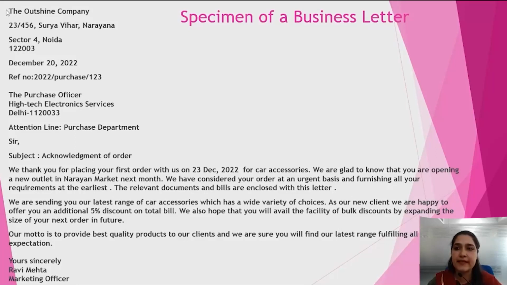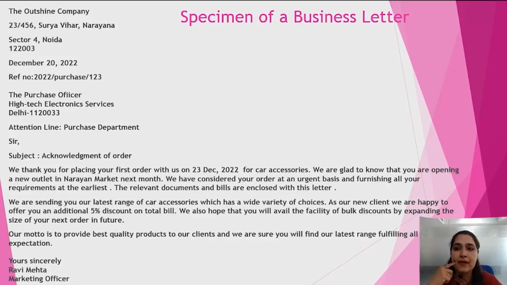Suppose the company has a letterhead, then this complete space will have a printed header which will have all the details of the company. It may have the logo, then the name of the company, its address, its phone numbers, its sister concerns if there are other registered firms.